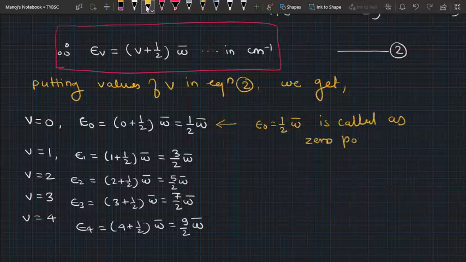So the value epsilon 0 equal to 1 half omega bar is called the zero point energy. The molecule always vibrates with this minimum energy, 1 half omega bar, called the zero point energy. Now let us see the vibrational spectrum of this diatomic rotor.